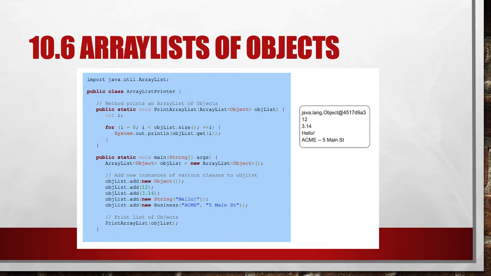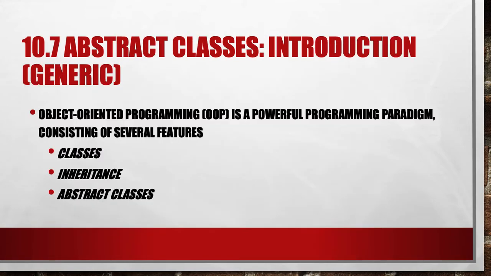So this is ArrayList. 10.7, generics. This is object oriented programming, getting more in depth into the dynamics of Java.